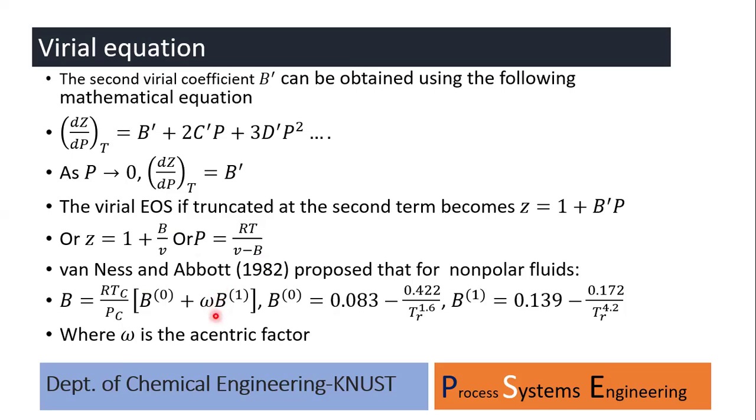This symbol is what we call the acentric factor. It might look like a lot, but when you go through, you realize that it's actually understandable. And as you solve more questions, it will be fine, right? So this omega symbol here is what we call the acentric factor.